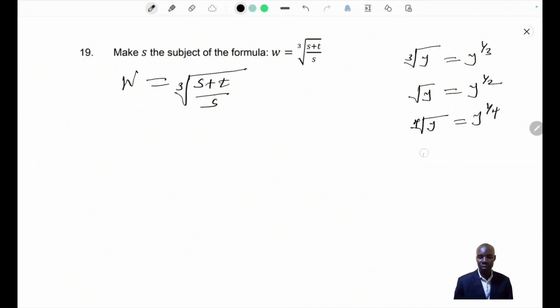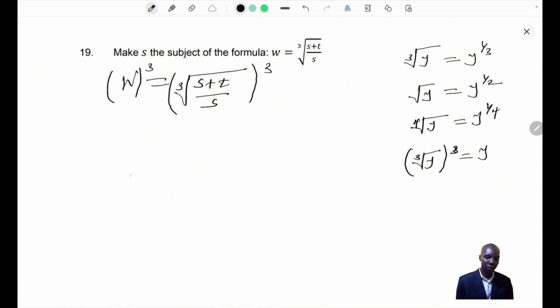So if we have the third root of a number y, if we raise it to power 3, then we are going to be left with that number. So in our case, if we raise it to power 3 and we do the same to the left, we'll have w cubed equals s plus t over s.